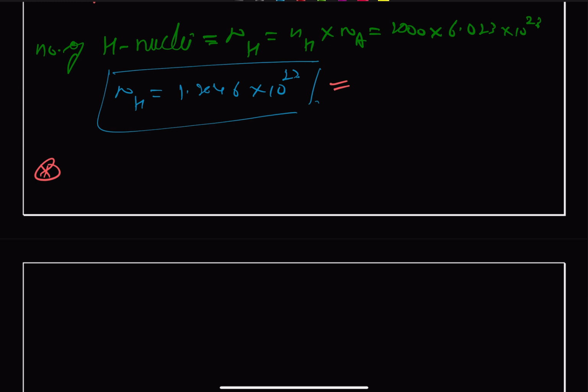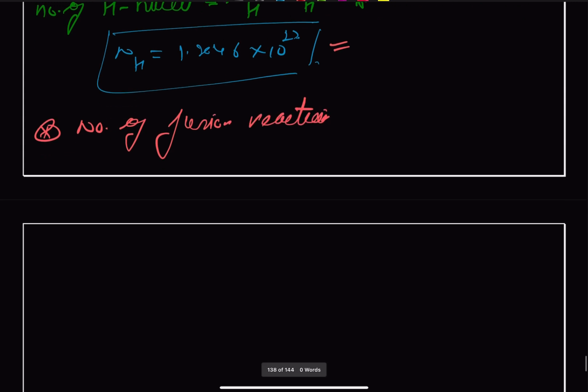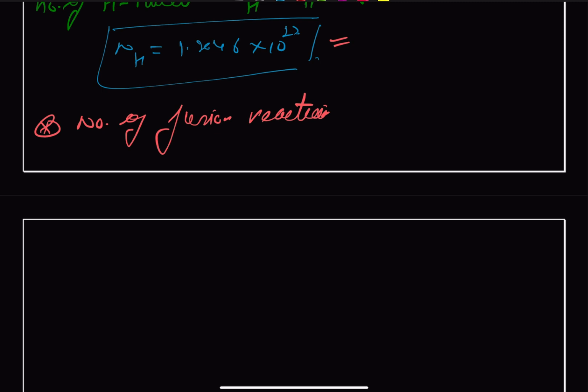So number of fusion reactions will be equal to total number of hydrogen divided by 4, because each reaction consumes 4 hydrogen.